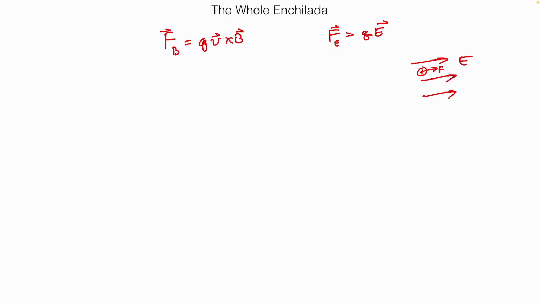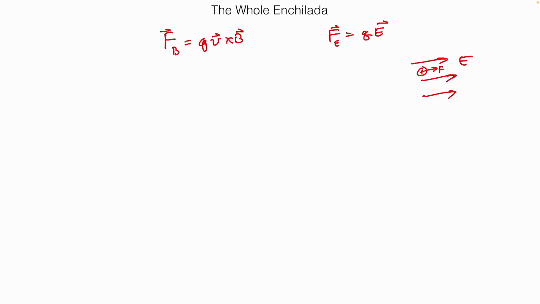So we get zero from the magnetic force by either not moving, or what's the other way we can get zero out of a cross product? When they're parallel, when velocity and magnetic field are pointing in the same direction or 180 degrees from each other, then we'll get zero.